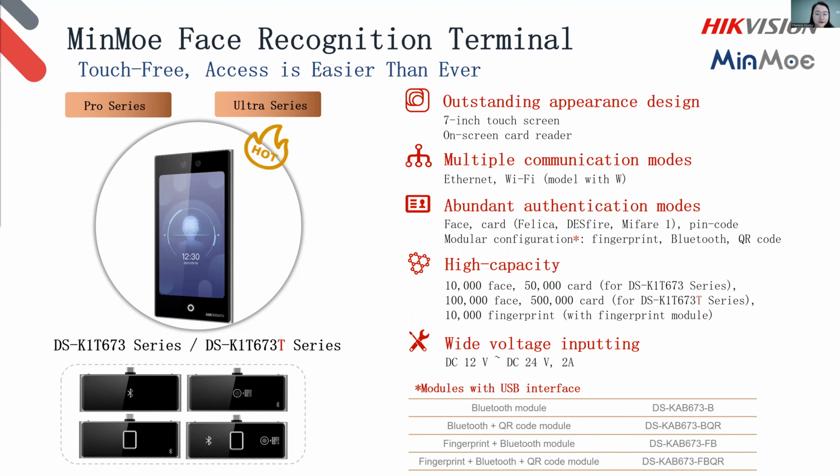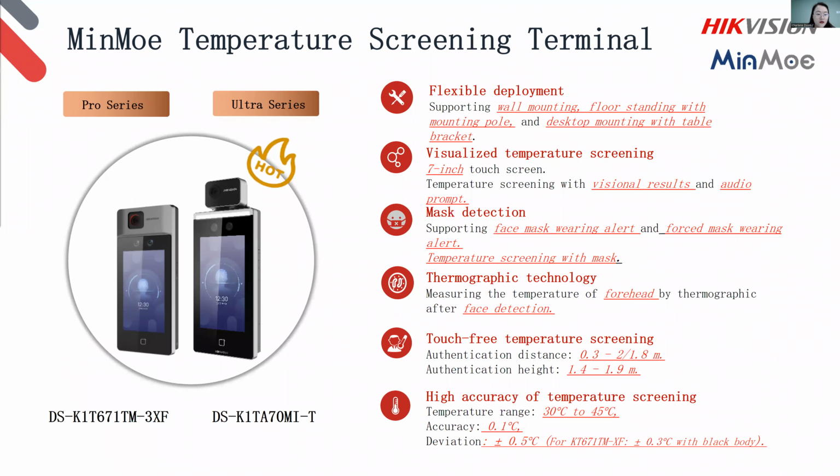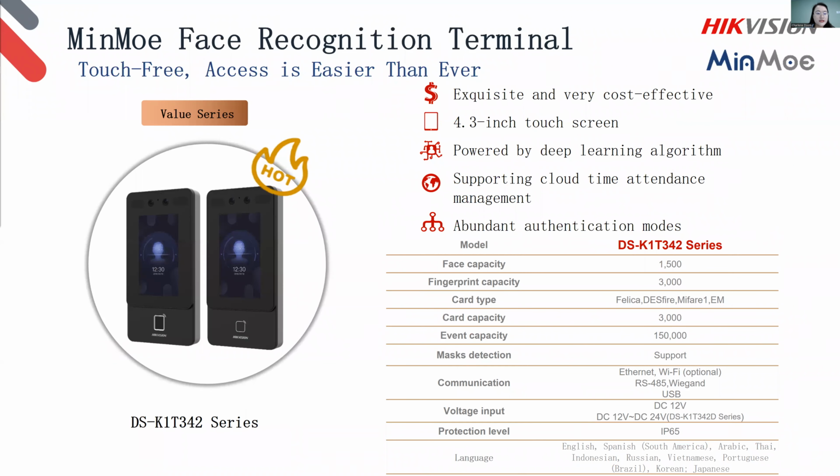For the temperature screening, this is the hot product that we have, the 671 and the A70 with different applications. And this one is Eco, the 342 is a new one that supports cloud time attendance management.